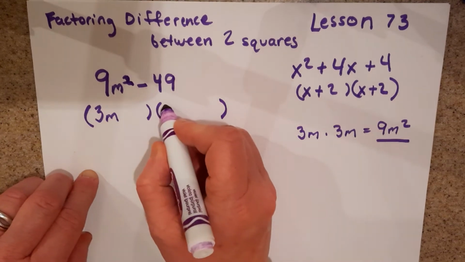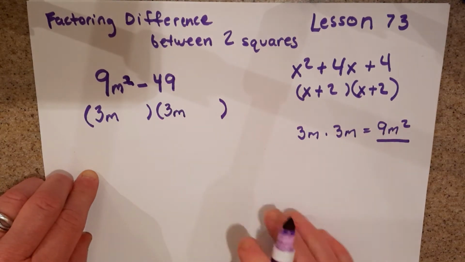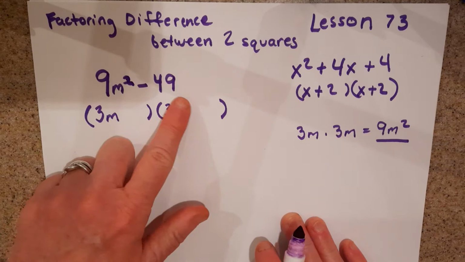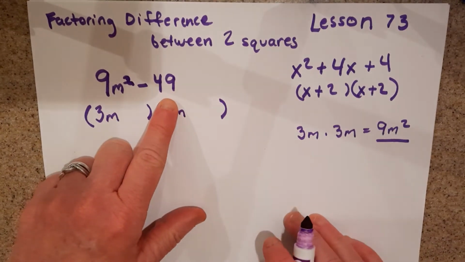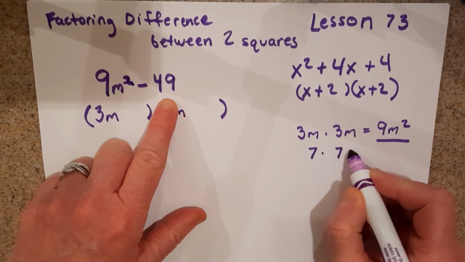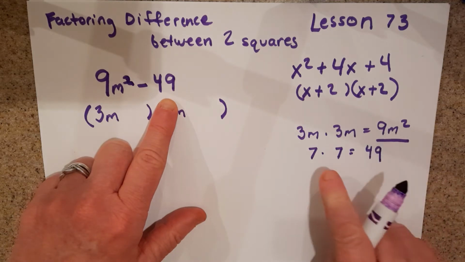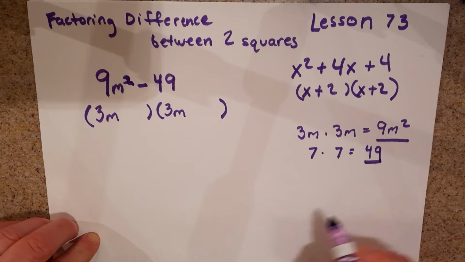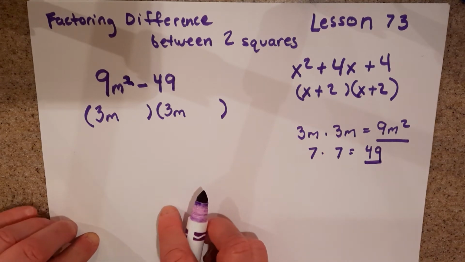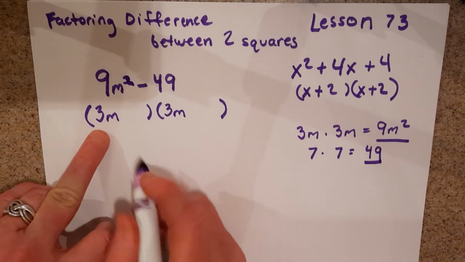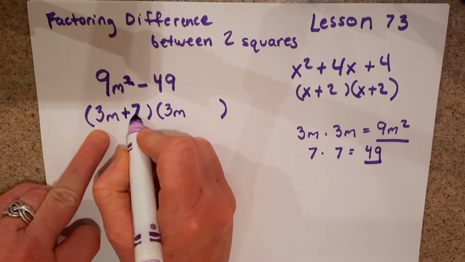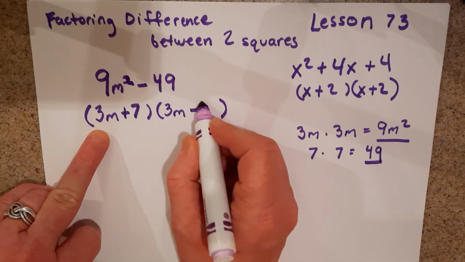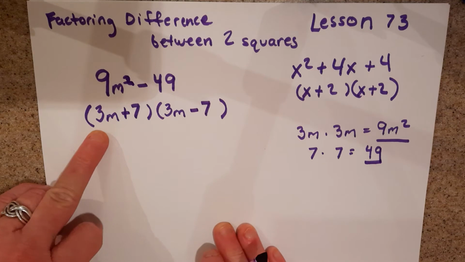So we're going to put 3m first in both of these parentheses. Now we look at the second term, which is 49. 7 times 7 is 49. So 7 multiplied by itself equals 49, which is what makes 49 a perfect square. Now what do we do with that? Well, we're going to add 7 in this parentheses, and we're going to subtract 7 from this parentheses.